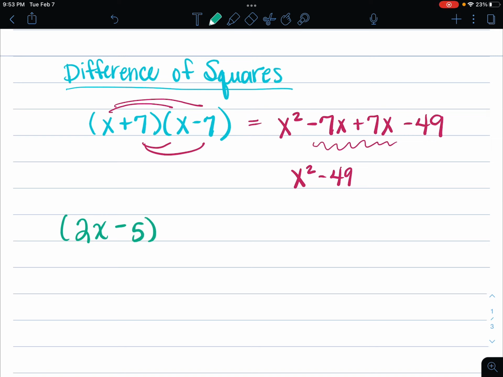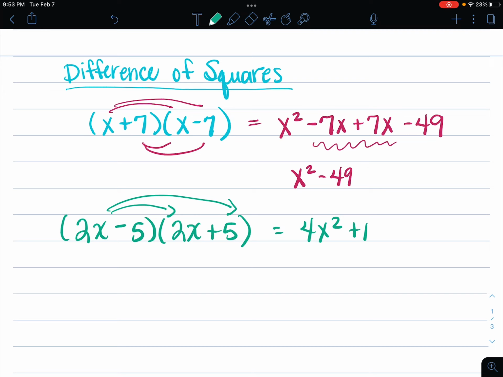So here's another example. 2x minus 5, 2x plus 5. Okay, again, my terms are the same. 2x, 2x, 5, 5. But the signs in the middle are different. A plus and a minus. Still going to use the distributive property again here.